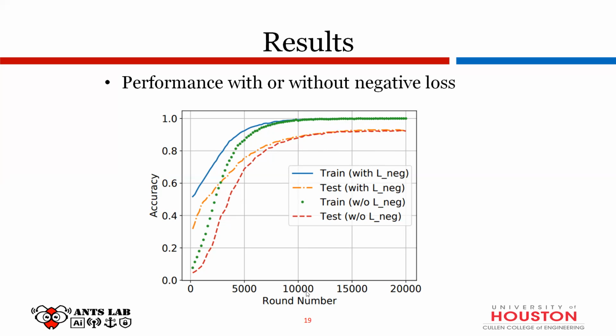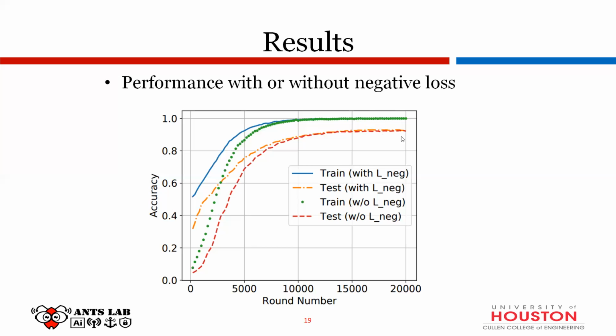Over about 10,000, you can see that there is almost no difference between those two. For instance, if we take a look at the training data set, the green and the blue lines are pretty much the same, with or without the negative loss calculation.